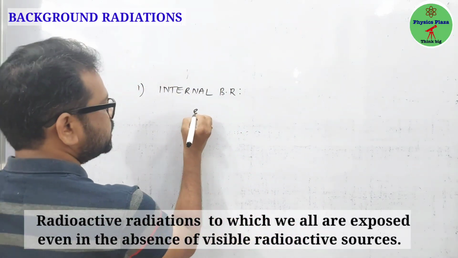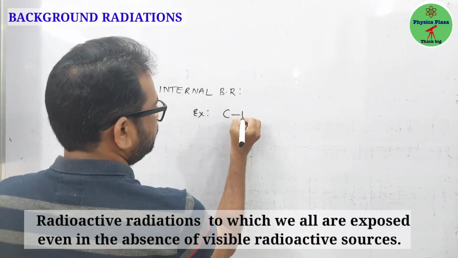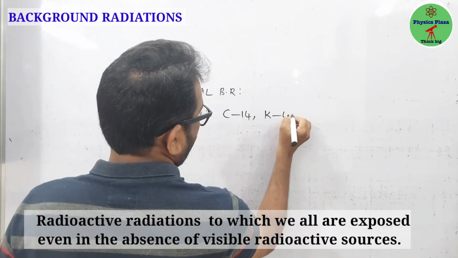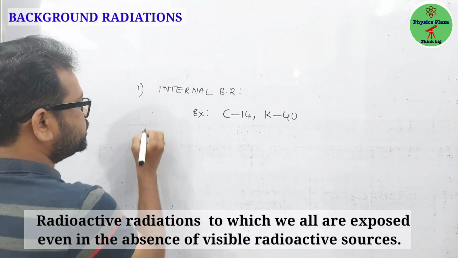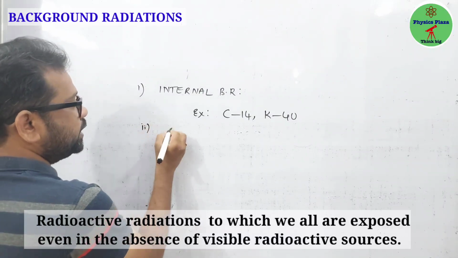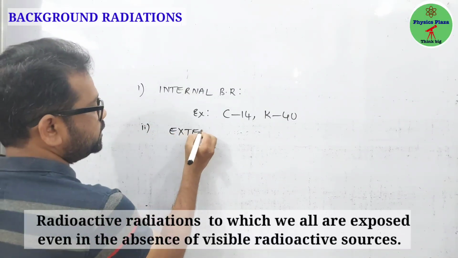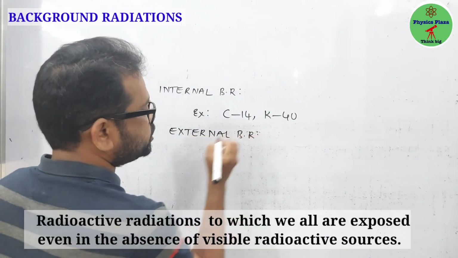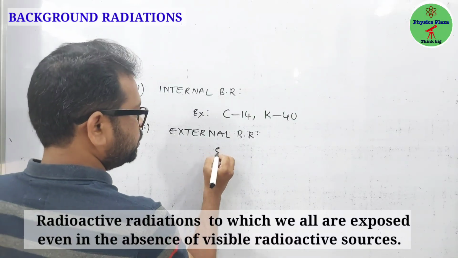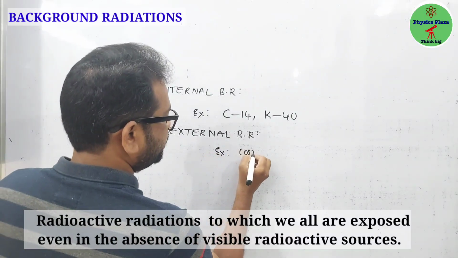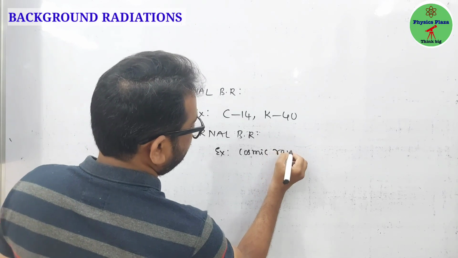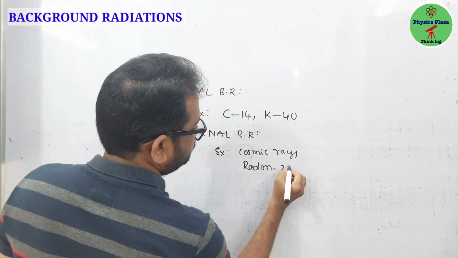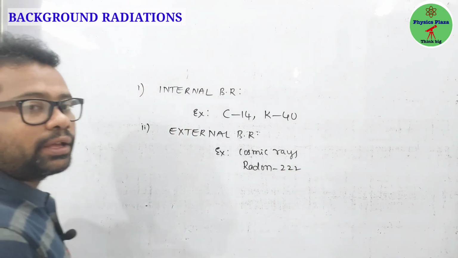Examples are carbon-14 and potassium-40. The second one is external background radiation. Examples are cosmic rays and radon-222. So these are the background radiations.